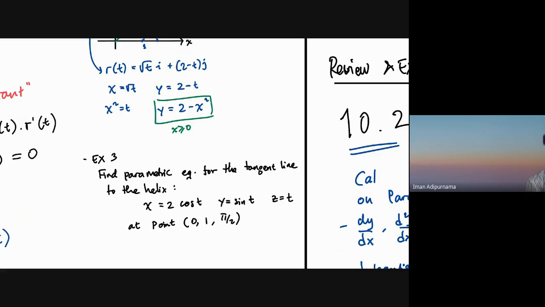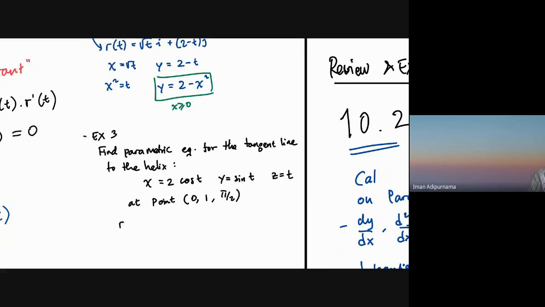So we need to find the tangent line to the helix at some point.